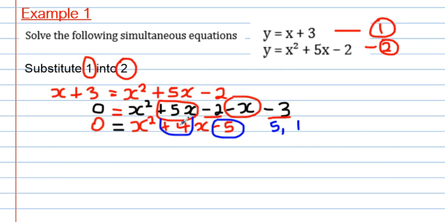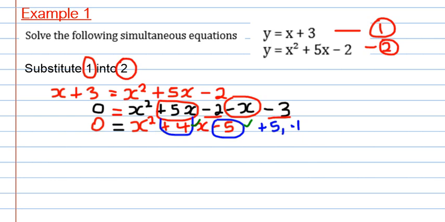Now let's check the sign. We need it to be 4, so this will be minus 1 and that'll be plus 5. Let's check. 5 times minus 1 will give you minus 5. Yes, that's correct. Tick. And then 5 take away minus 1 will give you 4. Let's tick that off. So we're correct.